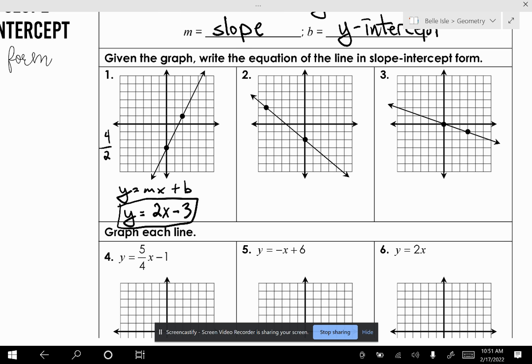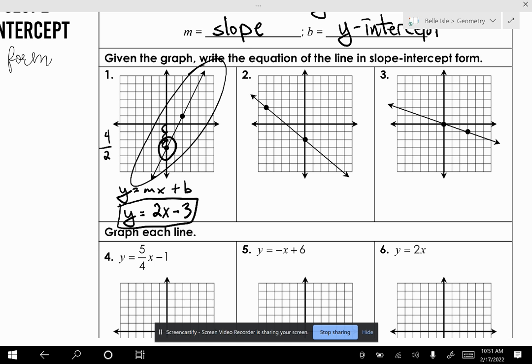Just from where it crosses the y-axis. This line right here crosses the y-axis right here, Kofi. So it's at y equals, go from the origin, 1, 2, 3. So it's a -3.